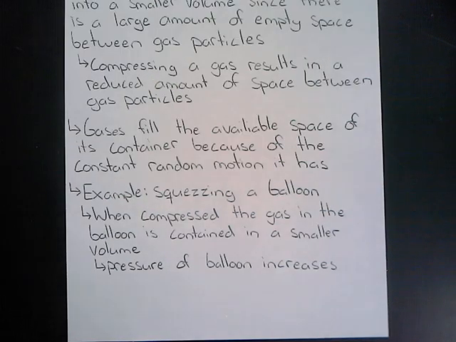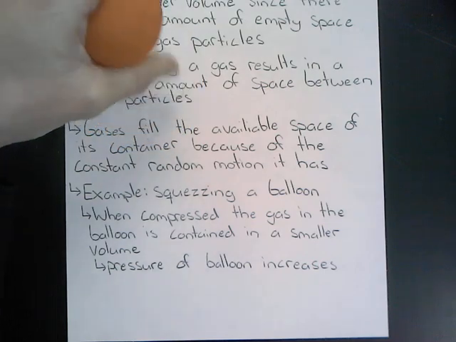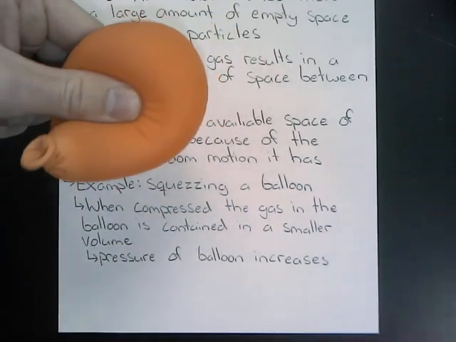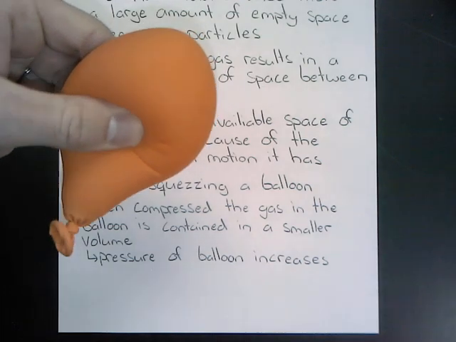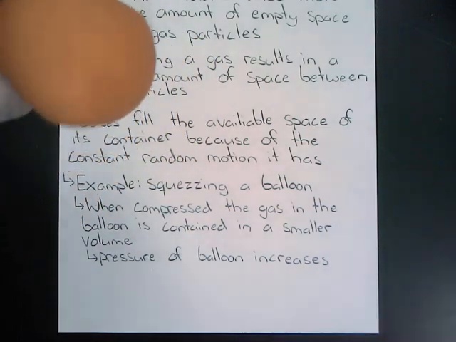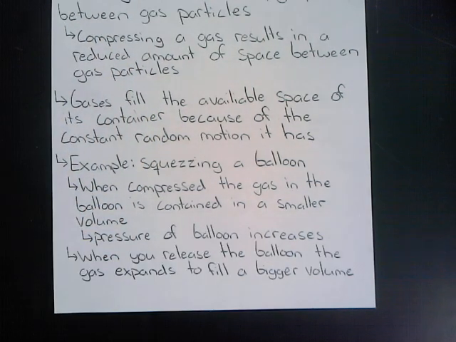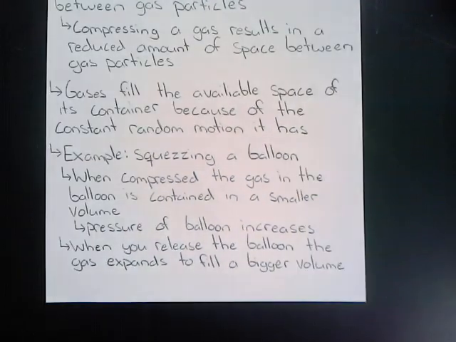Now, when we take this same balloon that we did squeeze and we let go, you can see the balloon gets deflated, and that's because the gas particles are occupying more volume. And just the opposite is occurring here: when we let go of that balloon, the pressure of the balloon is going to decrease.